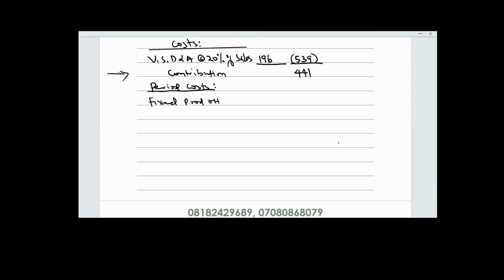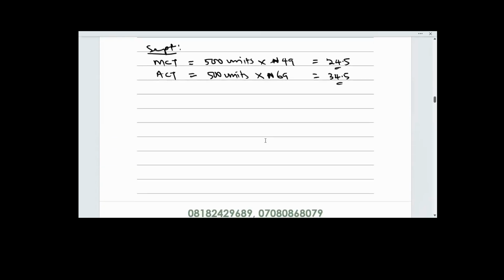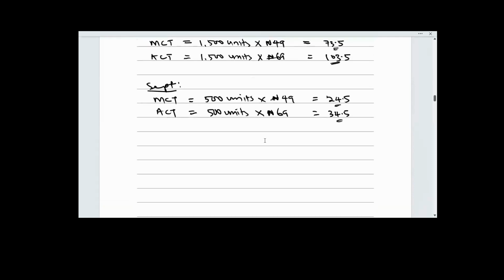So I will go to the question, what is the budgeted output? Let's do the working for fixed production overhead, but on the day of your exam, you may not likely do working for that. Just carry your calculator and do what you need to do. Move on. No time to waste.